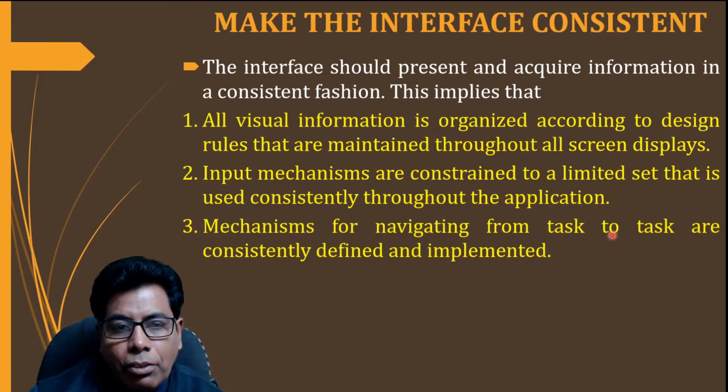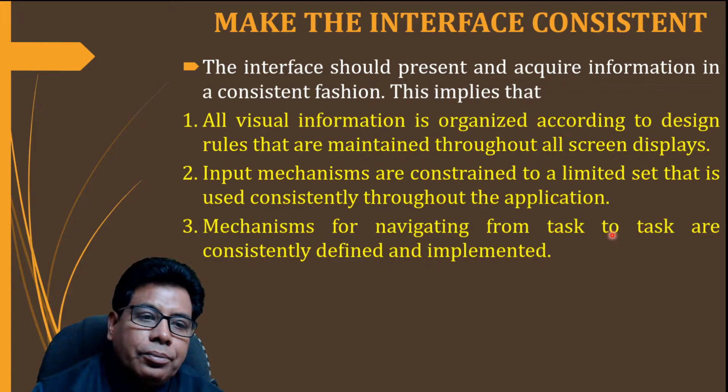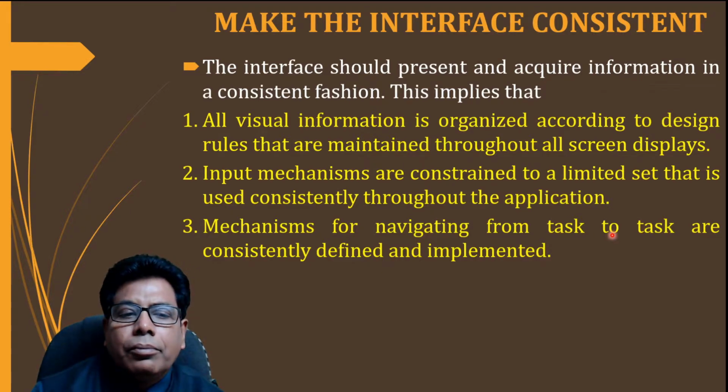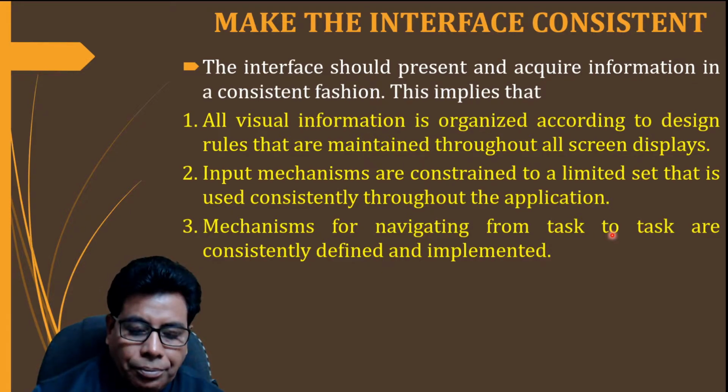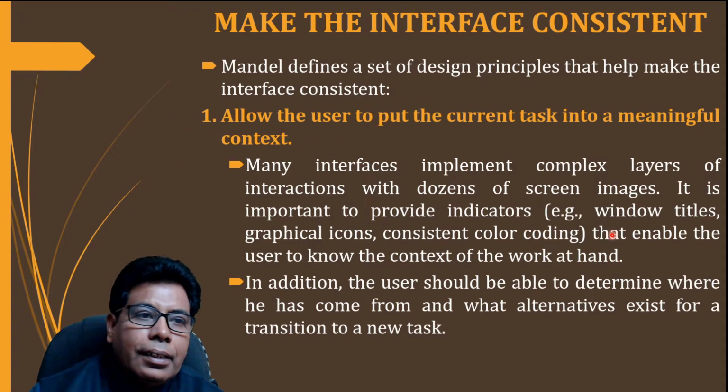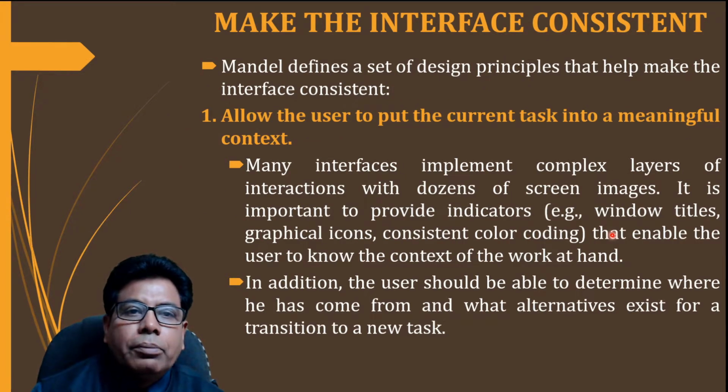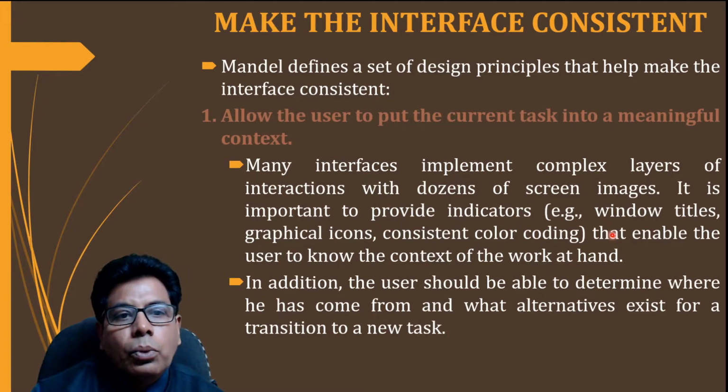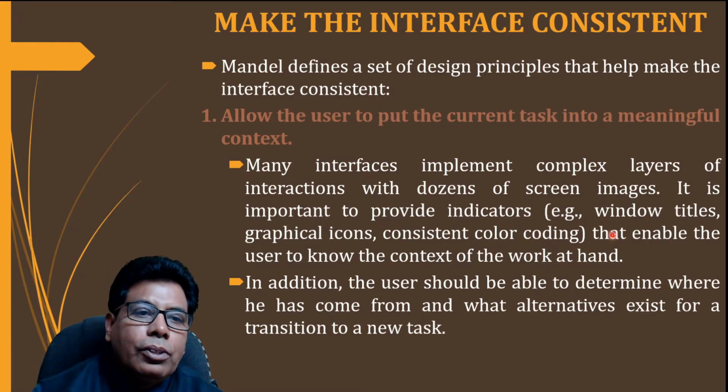So when we are moving from one task to another, we should be defining those things. Then let us see the different principles based on this. A set of design principles that help to make the interface consistent. The first principle is allow the user to put the current task into a meaningful context.